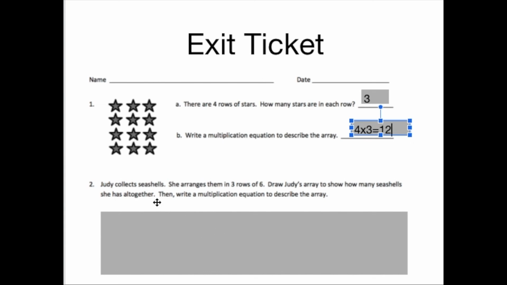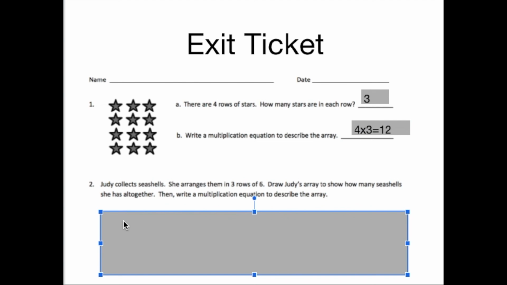Number 2, let's read it. Judy collects seashells. She arranges them in 3 rows of 6. Draw Judy's array to show how many seashells she has altogether. Then write a multiplication equation to describe that array. So using the RDW, read, draw, write strategy, we're going to start. We are going to read the problem. She arranges them into 3 rows of 6.